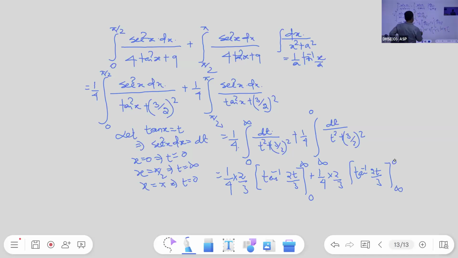So this is equal to 1 by 6 into tan inverse infinity is pi by 2 minus tan inverse 0 is 0, plus 1 by 6 into tan inverse 0 is 0 minus pi over 2. Okay.